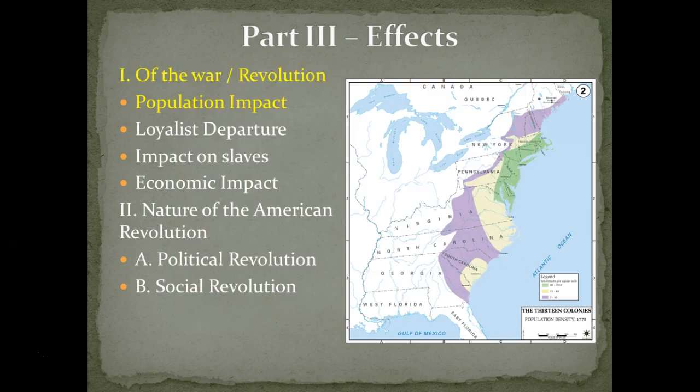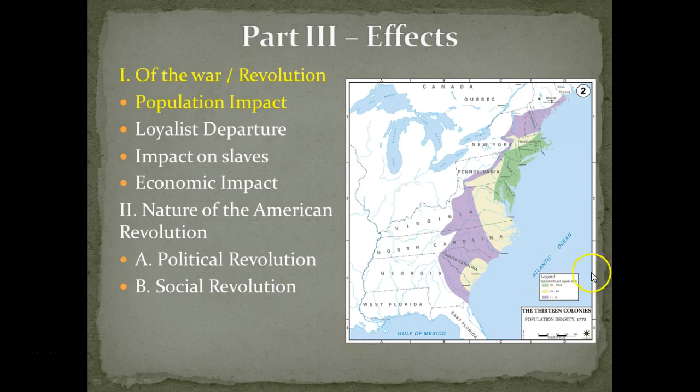So I want to start off this final part of the notes by talking about demographics, talking about the population. You'll notice the map on the right. This is showing the population density of the American colonies in 1775. So this is right as the war begins. The green is showing a much more dense population, as you would expect. These are some of the older parts of the colonies, where most of the cities are located.